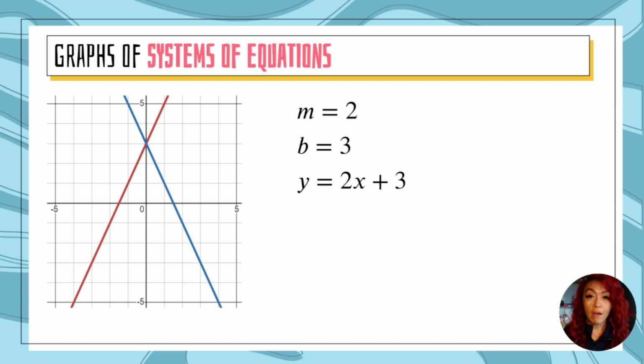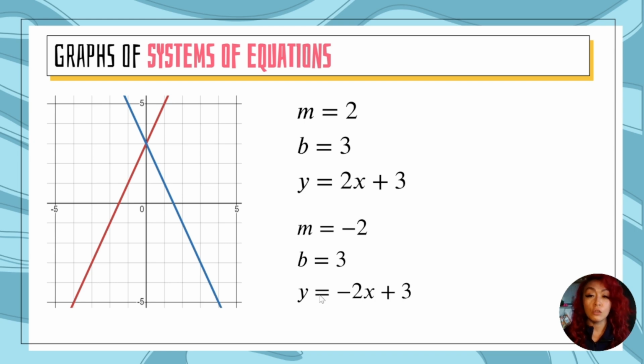Now we read a graph from left to right, and if we start at the left of the blue line and go to the right, the line is going down. That means that the slope is negative. So this time m will be -2, b will be 3, and we can substitute into the slope-intercept form, and our equation is y = -2x + 3.